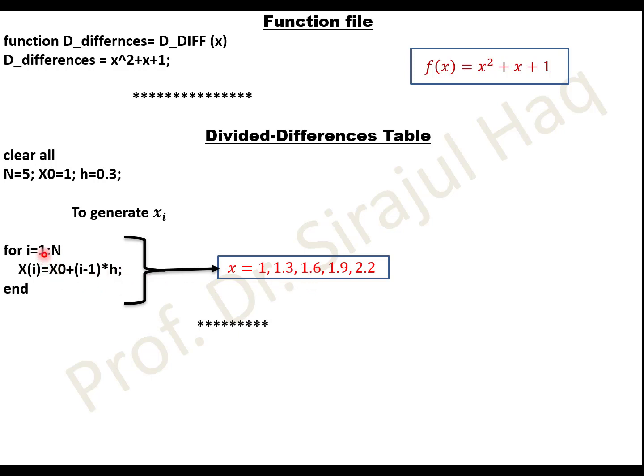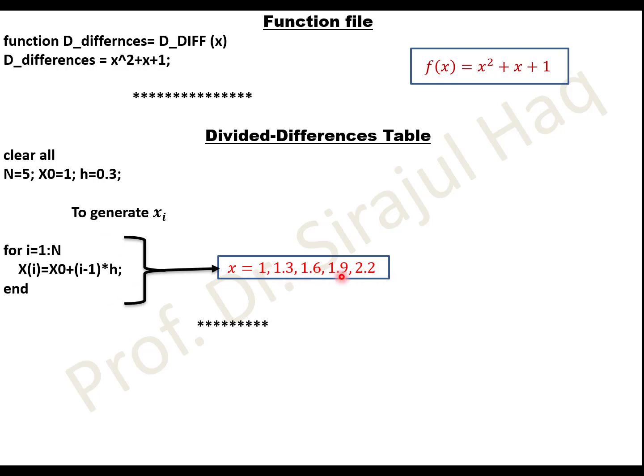And i is equal to 4: x4 is equal to x naught plus 3 multiplied by 0.3, which is 1.9. And finally, when i is equal to 5, x5 is equal to x naught plus 4 multiplied by h, and that gives you 2.2. So this small loop gives you these data points.